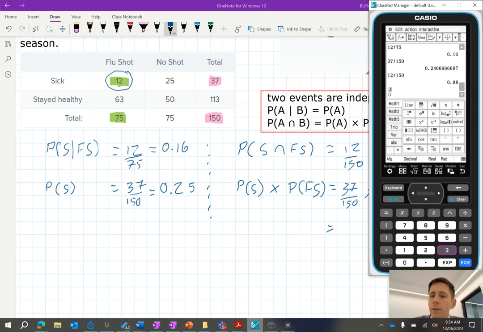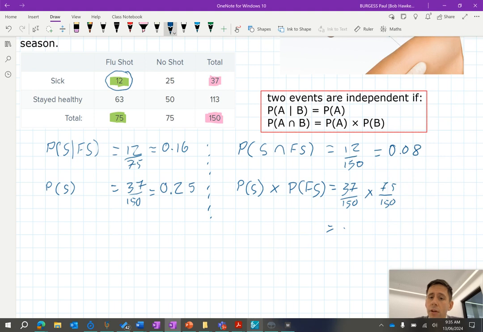Okay, ClassPad, 37 out of 150 multiplied by 75 out of 150. And what does that come to? 0.12333 recurring. Okay, and again, are these the same? Is 0.08 the same as 0.123 recurring?